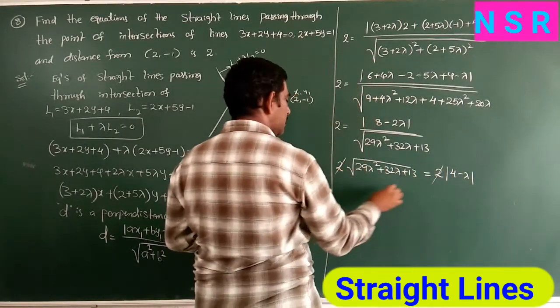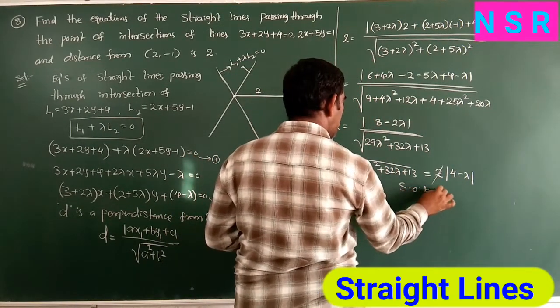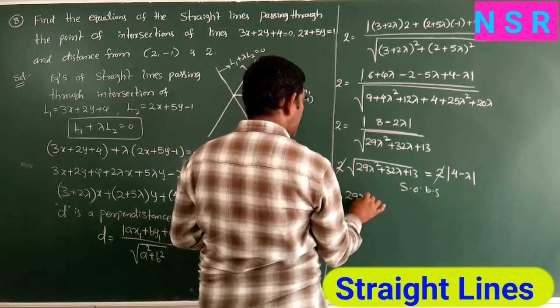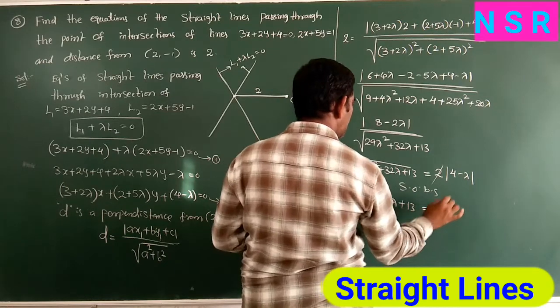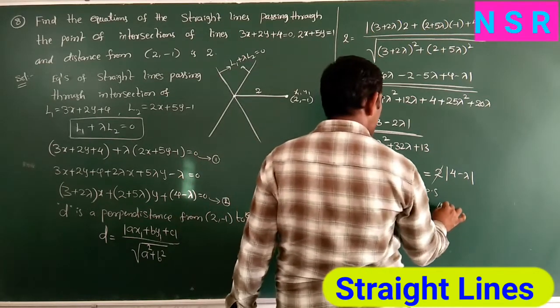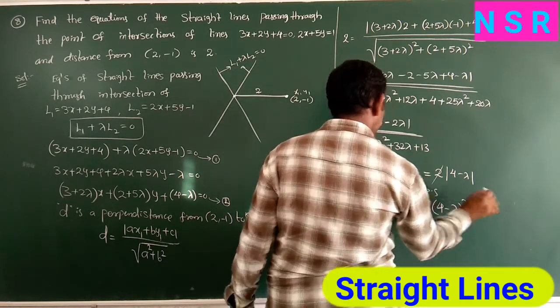So 2 gets cancelled, so here the root is there, squaring on both sides we get 29 lambda square plus 32 lambda plus 13 is equal to (4 minus lambda) whole square.